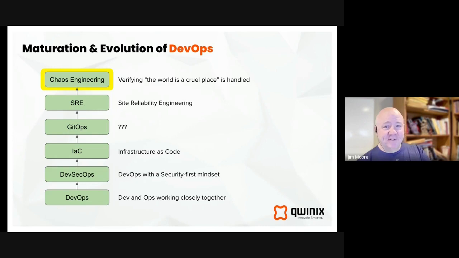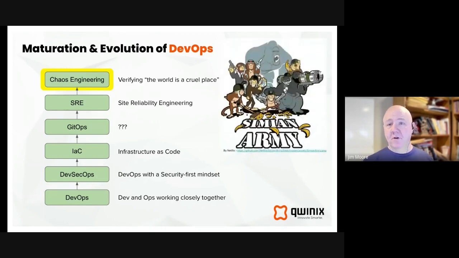Chaos engineering is very much about doing things in a way where you're doing this stuff to yourself on purpose to verify that everything works. It's very similar to like all those automated tests that developers and QA and the rest do anyway, but in a production setting where you are intentionally stressing your environment to make sure that everything continues to work.